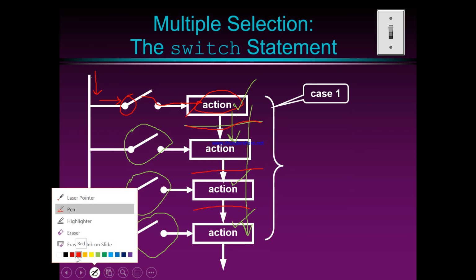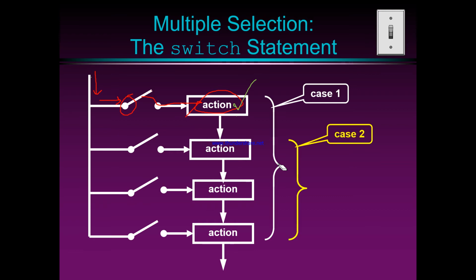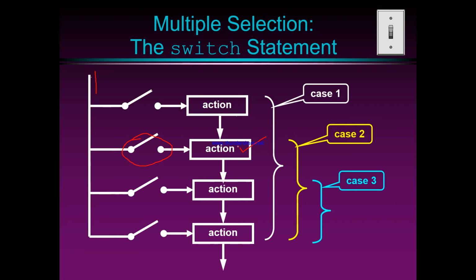However, if the first case does not match, then the second case will be matched. If the second one matches, for example this one, the action will be performed for the second case, then the control will come to the next action, and in a similar way to the last action.